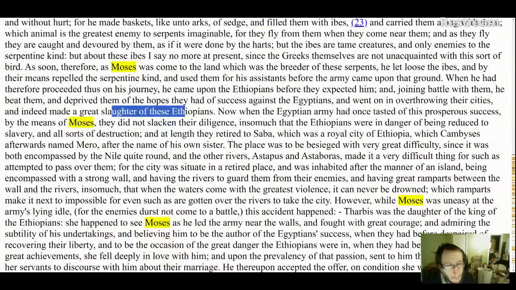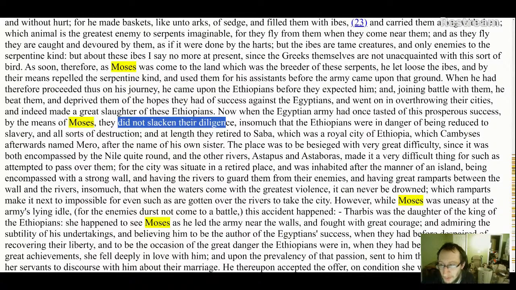Now, when the Egyptian army had once tasted of this prosperous success by the means of Moses, they did not slacken their diligence, insomuch that the Ethiopians were in danger of being reduced to slavery and all sorts of destruction. And at length they retired to Saba, which is a royal city of Ethiopia.